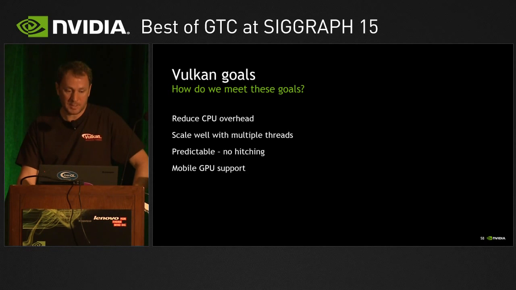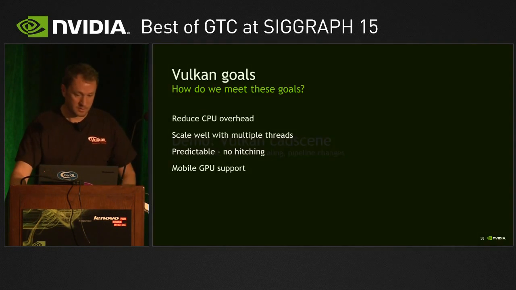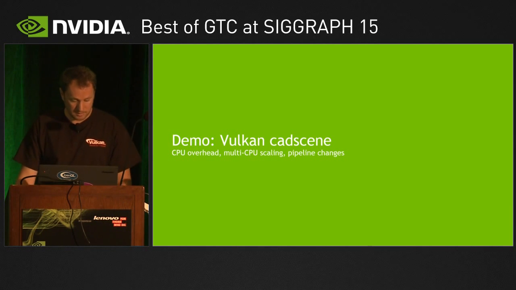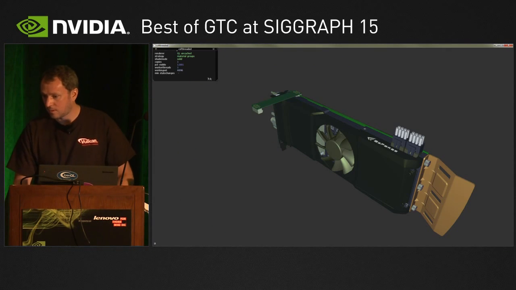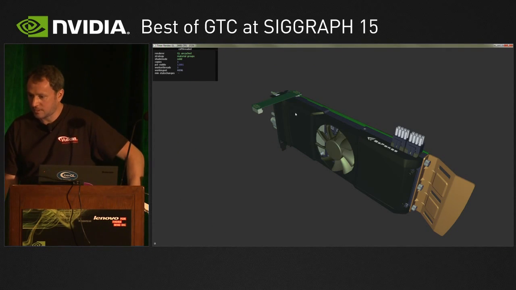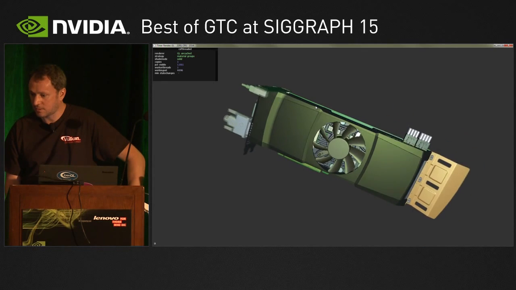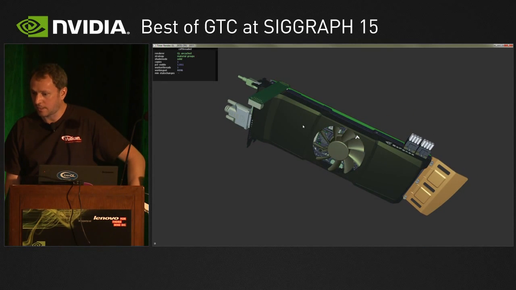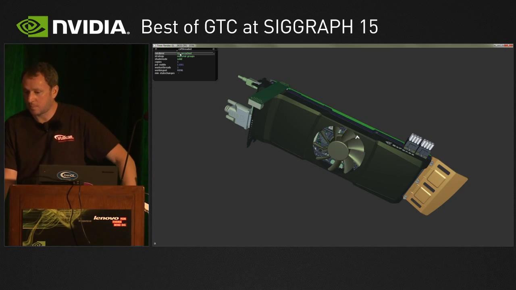So I'm going to show you how we meet some of the goals of Vulkan: reduce CPU overhead, scale well with multiple threads, predictable no hitching, and multi-GPU support. All right, now this application is running in GL mode right now. You can see that the renderer right here is GL uncached mode, which is just using the GL core API.